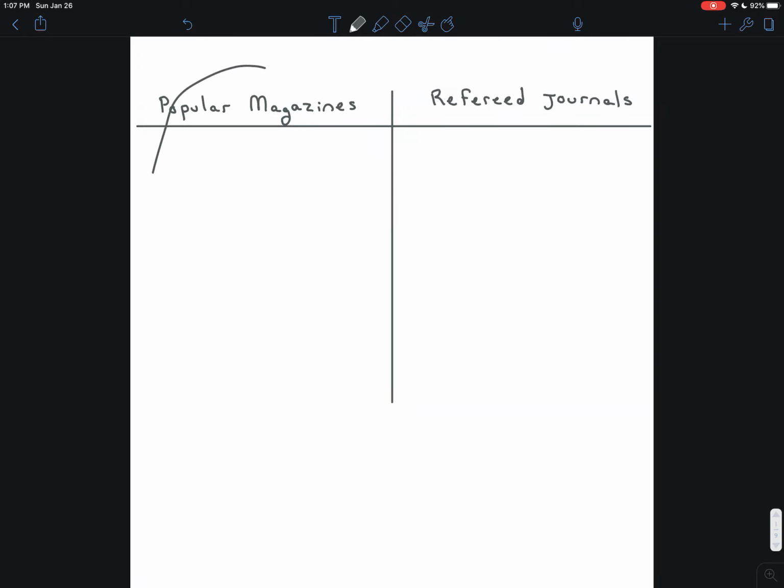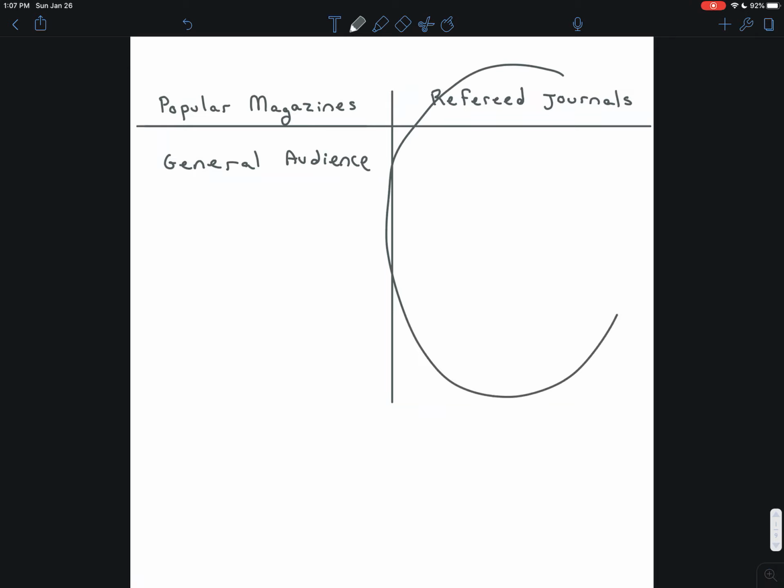There are popular magazines that publish science for a general audience, and then there are refereed journals that publish science for scientists. What distinguishes these two is that in refereed journals, you have what's called peer review.